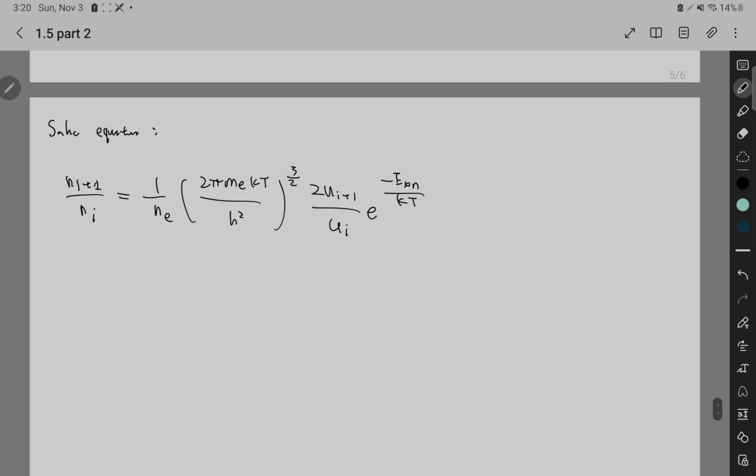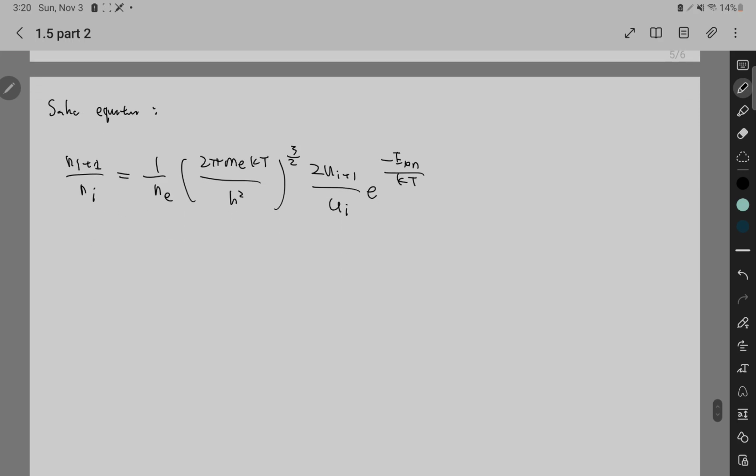But this one is for the ratio of ionized hydrogen versus neutral hydrogen, for example, or singly ionized carbon versus doubly ionized carbon, or something like that. This equation is for the ratio between ionized elements. So instead of energy level, this is for ionization.